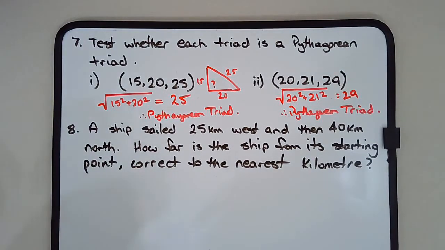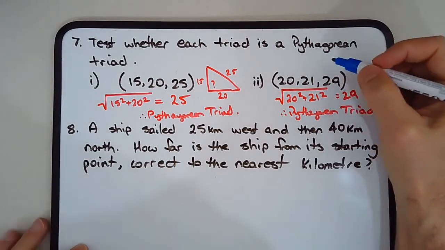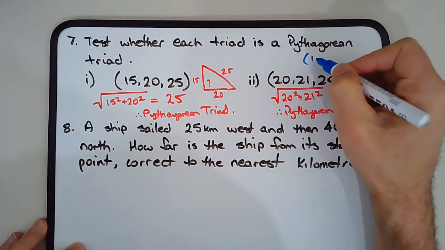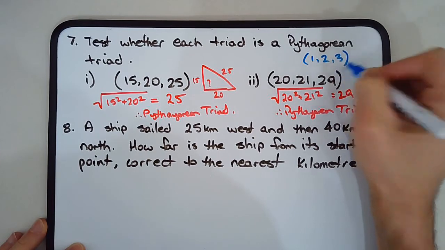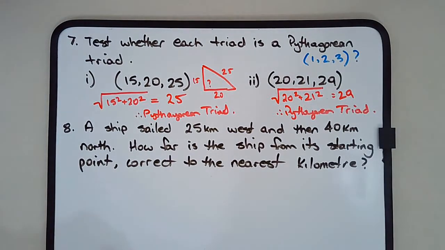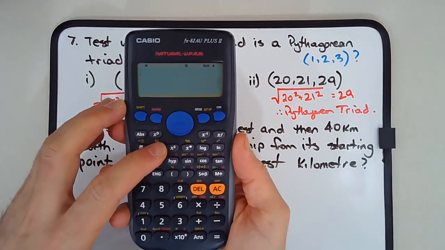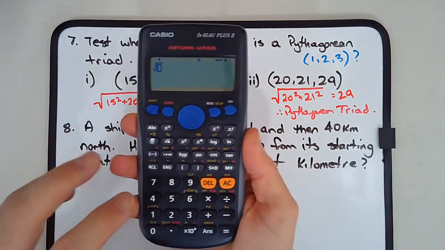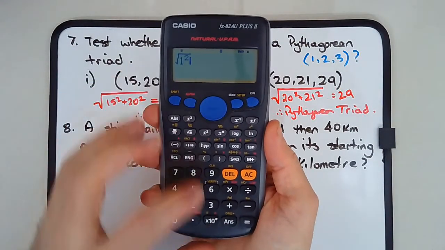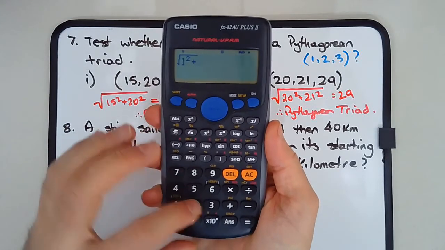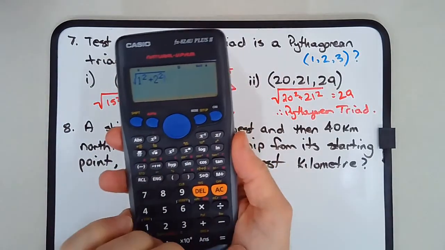Now, I'm going to give you maybe just one more to try. What about this one? 1, 2, and 3. Is this one a Pythagorean triad? In other words, could these be the 3 sides of a right angled triangle? Maybe, maybe not. Let's see. If we do what we did with the other examples, square root of 1 squared plus 2 squared, do we get 3?